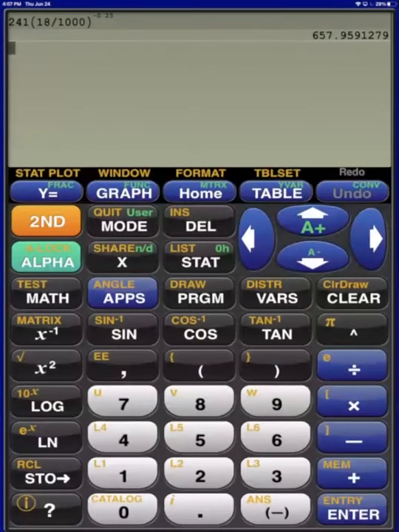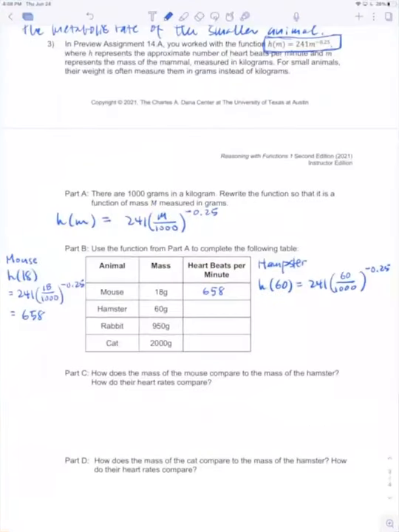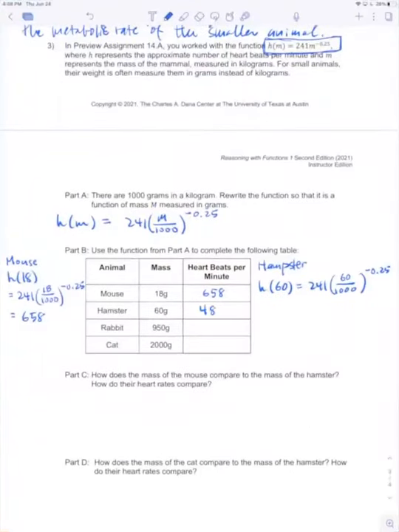How about we go second entry, and then we'll just make the adjustment here. This needs to be 60, and then we just hit enter, and we get 486.9.